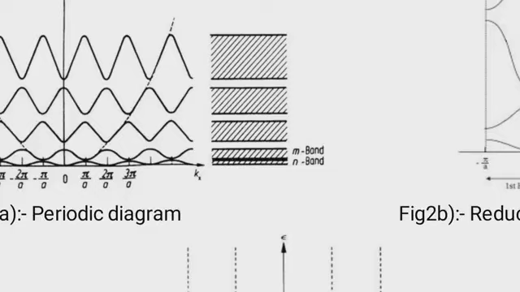And if kx and ky are both equal to 0, that means k is also equal to 0, and this point is called the gamma point.